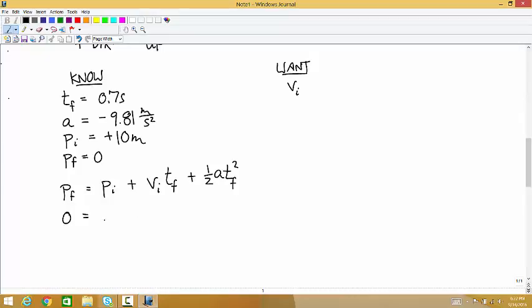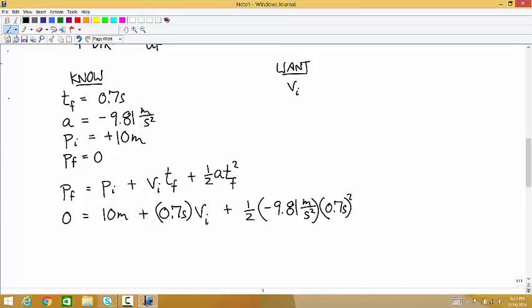Okay, so 0 is equal to 10 meters plus 0.7 seconds times VI, which we're looking for, plus 1/2 times negative 9.81 meters per second squared times 0.7 seconds squared.